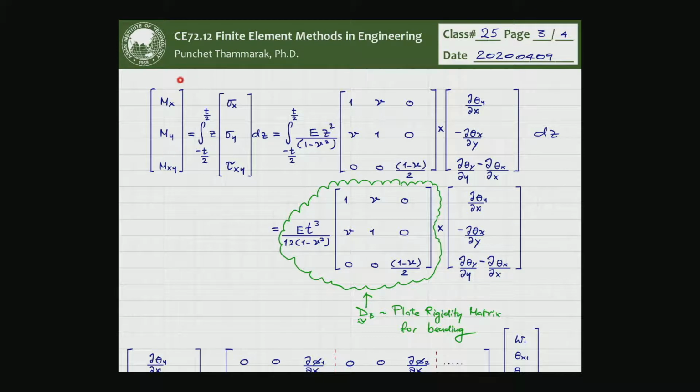So the moment is this part, the rigidity matrix multiplied by this part here, which is actually the curvature, derivative of rotation with respect to the dimensions.